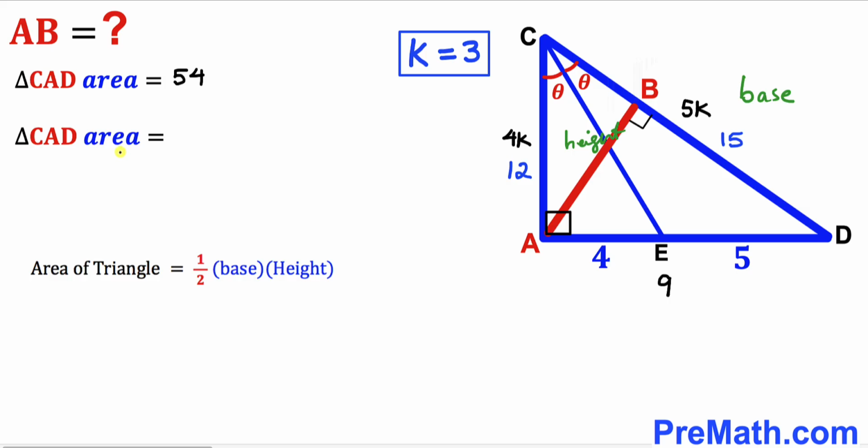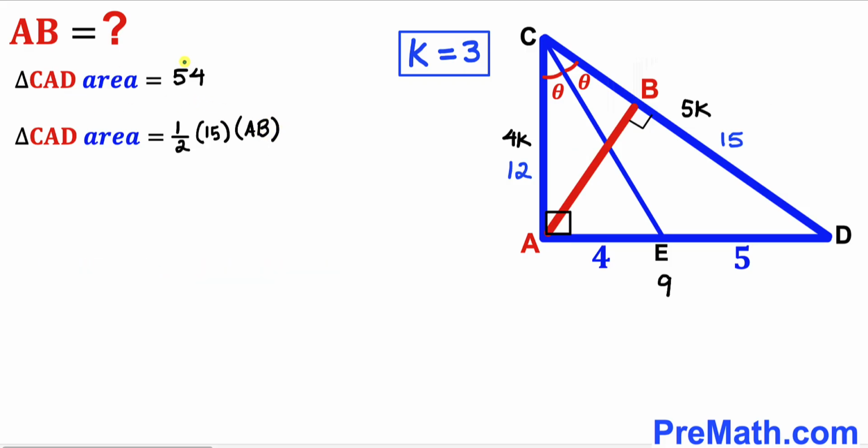So the triangle CAD area is going to be a half times our base 15 and our height, which is this perpendicular AB length. But we know that our triangle CAD area is 54. So I'm going to substitute that value 54 over here.